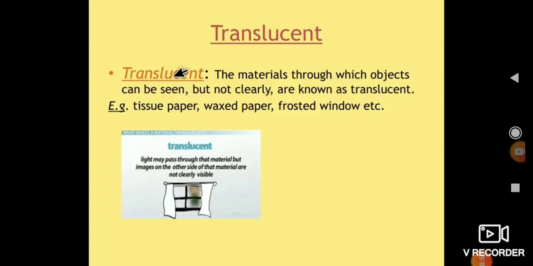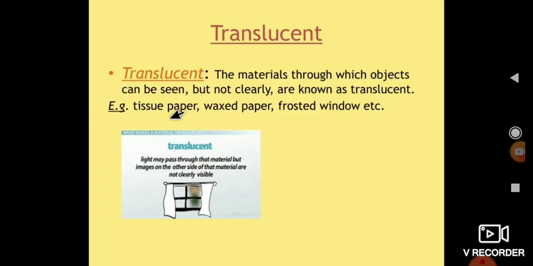And the next one is translucent. The materials through which objects can be seen but not clearly are known as translucent materials.